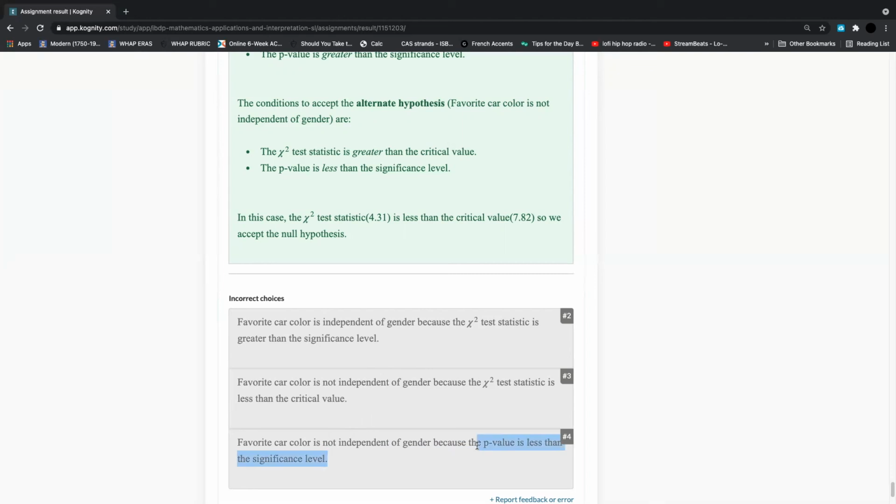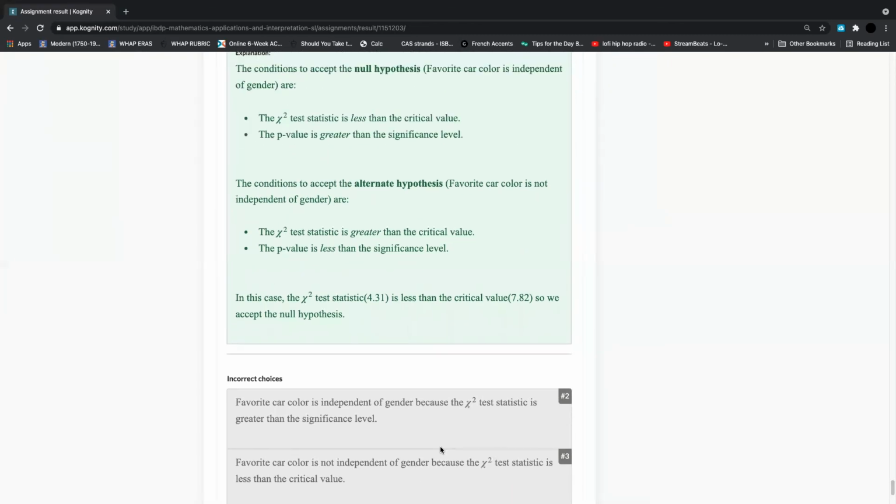Well, no, let me recoup. These are not contradicting statements, but it doesn't apply to our situation. The p-value was greater than the significance level, so that means that the favorite car color is independent of gender, so that is wrong. Favorite car color is not independent of gender because the chi-square test statistic is less than the critical value. Okay, so that's a contradicting statement.